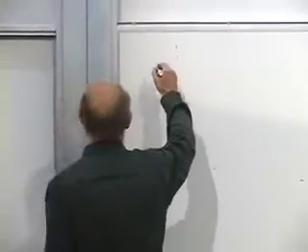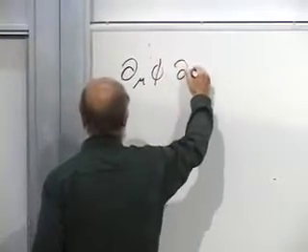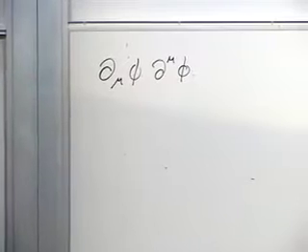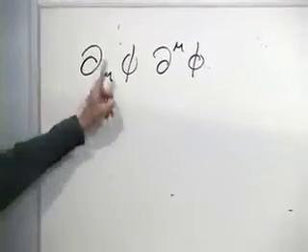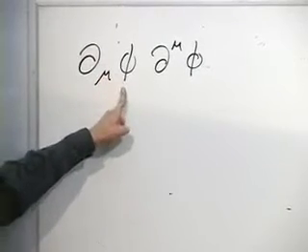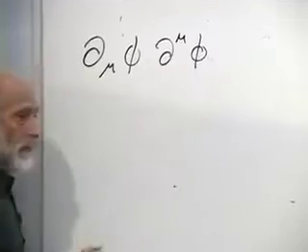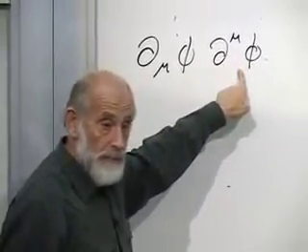The thing in the Lagrangian is d mu phi. Remember what this means. This stands for the 4 derivatives, time derivative and the 3 space derivatives. These stand for the same derivatives except with a change of sign of the time component.